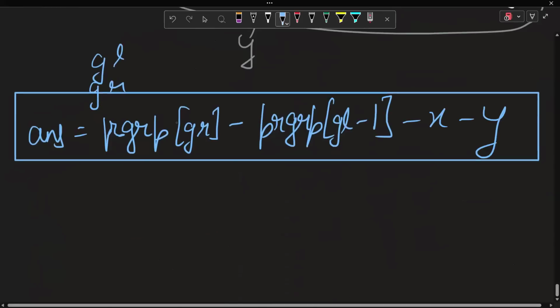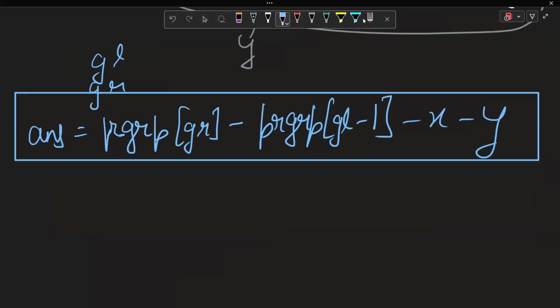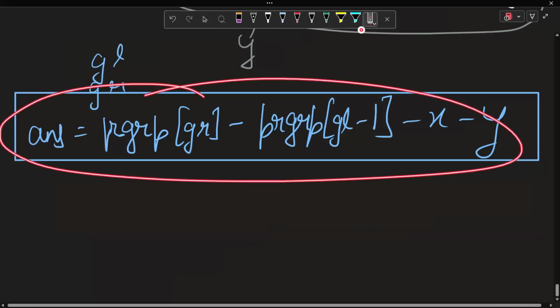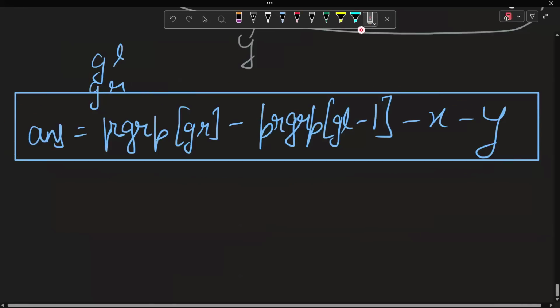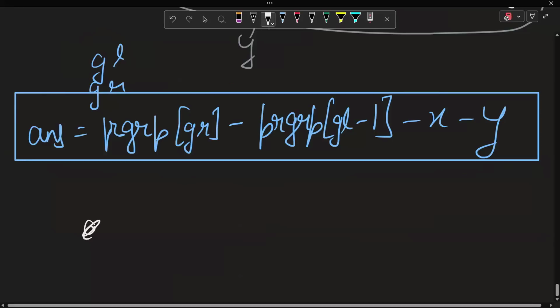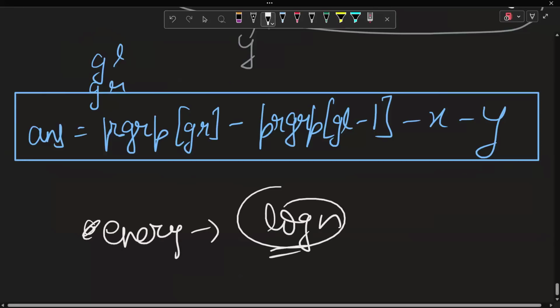So if we have computed the prefix array, prefix of prefix array, group array, prefix sum of group array, all these things, then this whole thing can be computed in order of 1. And computing this GL and GR would use an upper bound function that would take log n time. So for every query, we are using at max a log n time only.